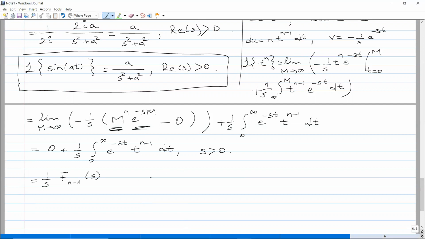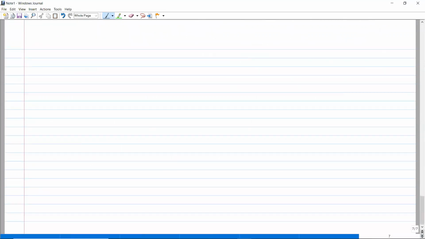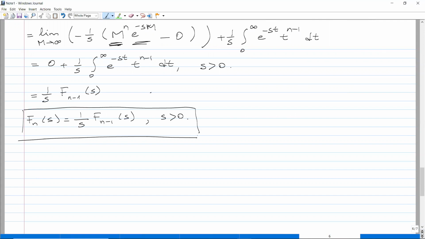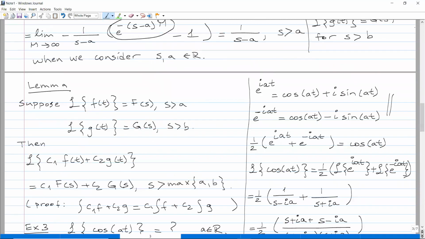So what I get here is the recursive formula: f sub n is n over s times f sub n minus 1 for s greater than 0. Wait a minute, why 1 over s? I made a mistake.